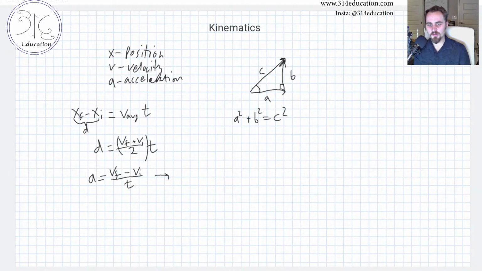But we'll also see this equation written out, rearranged for V final, where we have to multiply both sides by t to bring this t over here. And then we want to bring this Vi over to the other side also, giving us that our V final is going to equal our V initial plus our acceleration times time. The velocity we end with is the velocity we started with plus the amount that we changed our velocity, multiplied by the amount of time we did that change for.